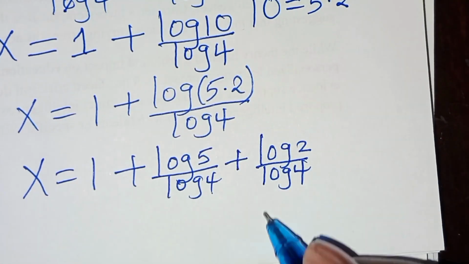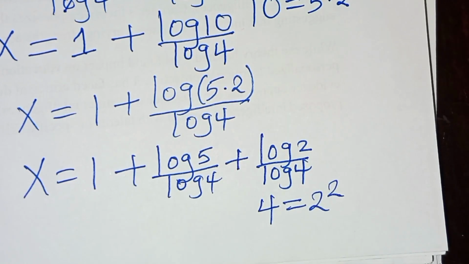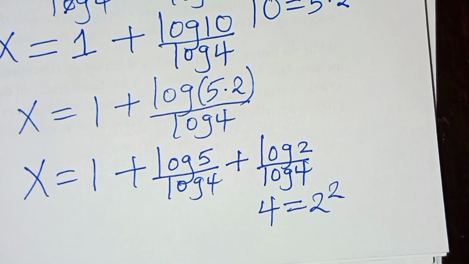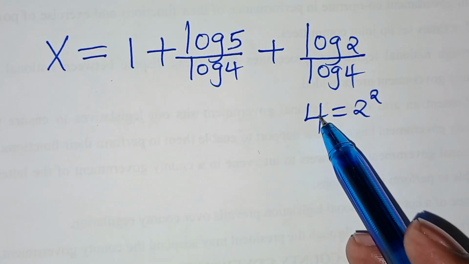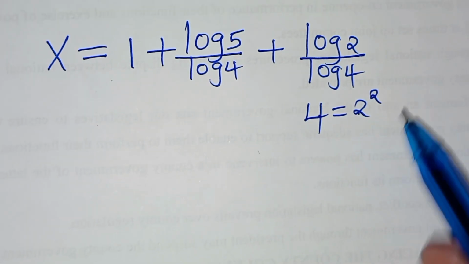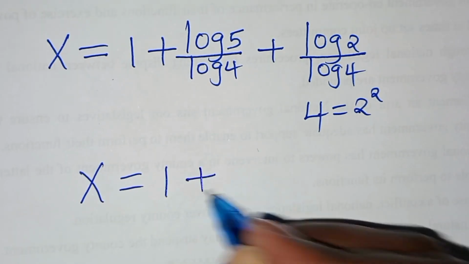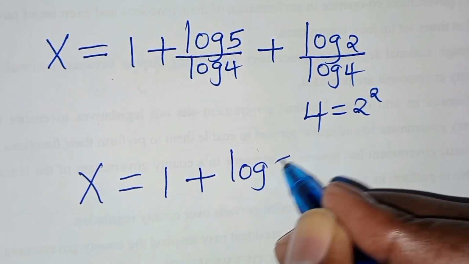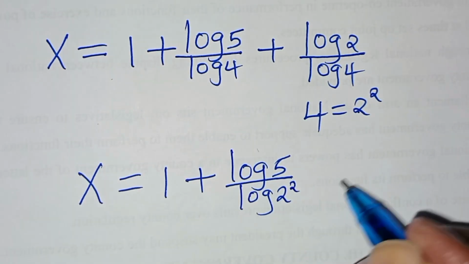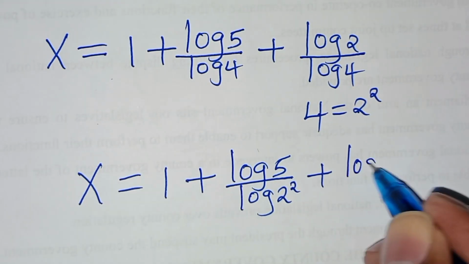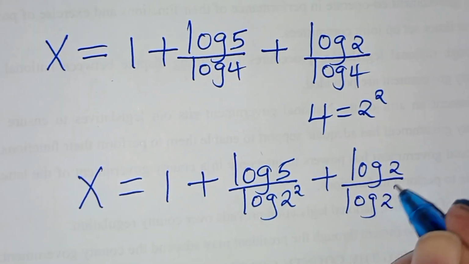The next step here is that we can express 4 as 2 to the power 2. So let's substitute this so that x is equal to 1 plus log 5 divided by log 2 to the power 2, then plus log 2 divided by log 2 to the power 2.